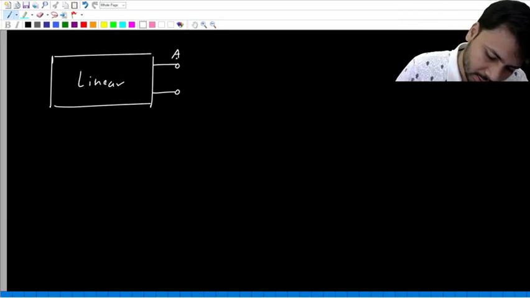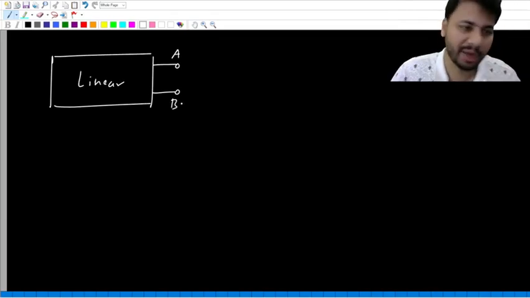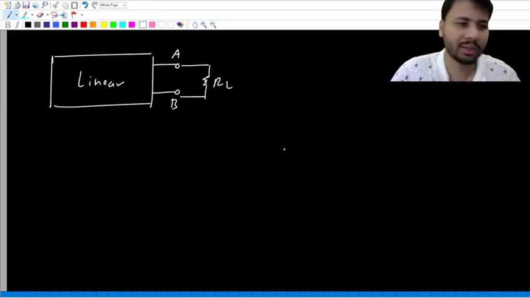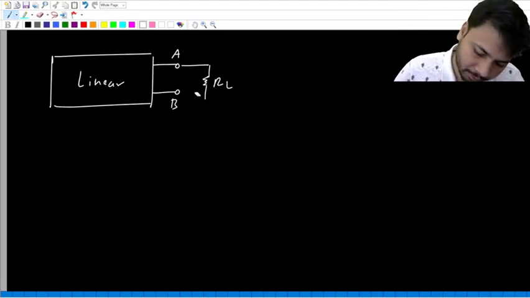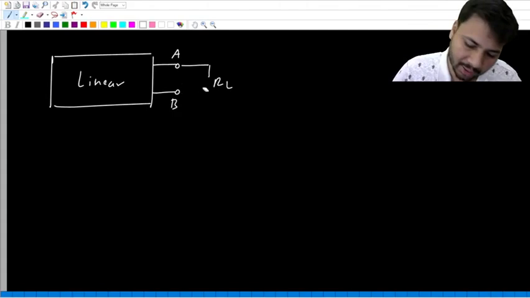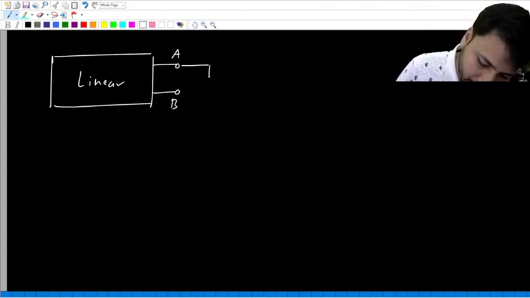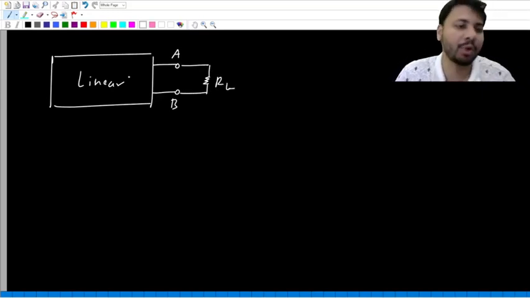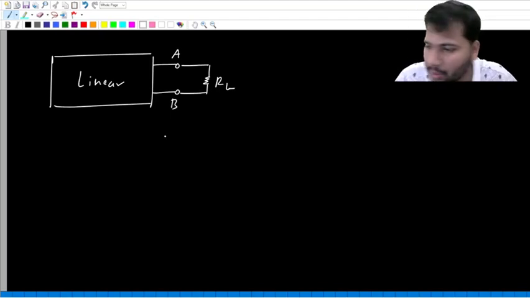Let the two terminals be A and B, and across this linear one port network some load resistance is connected. Then you are in the lab, and you would like to find the Thevenin equivalent of this linear one port network.